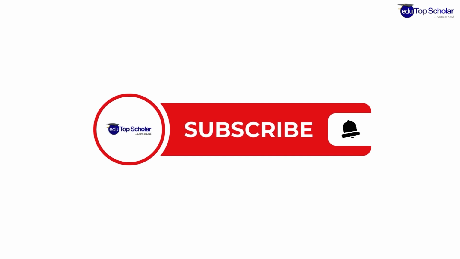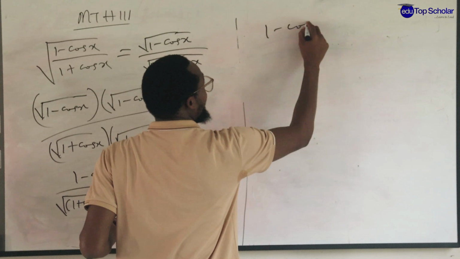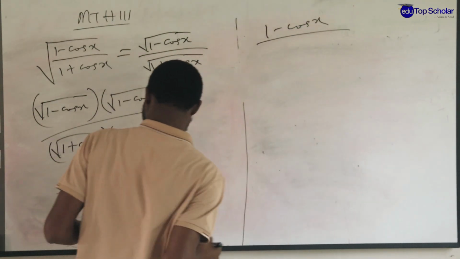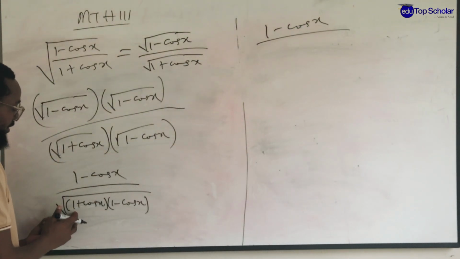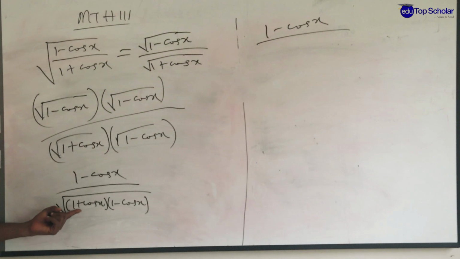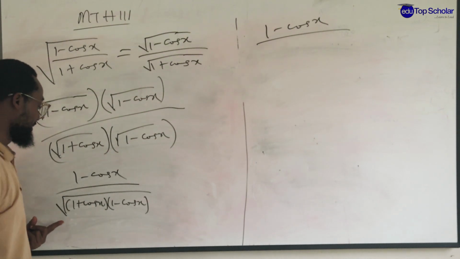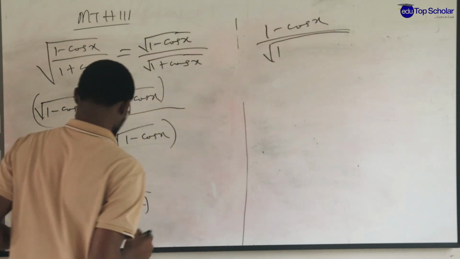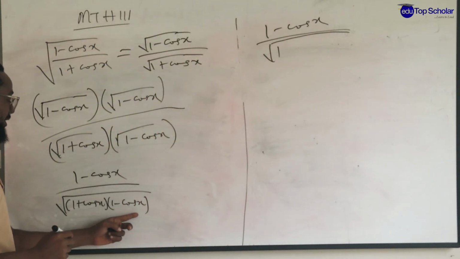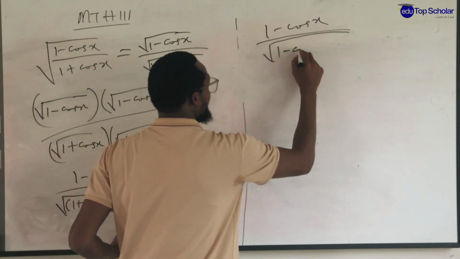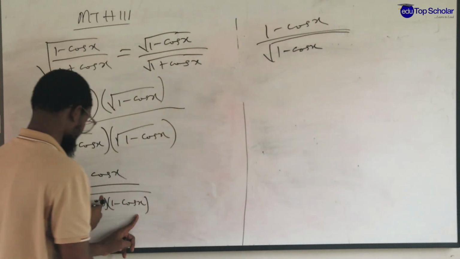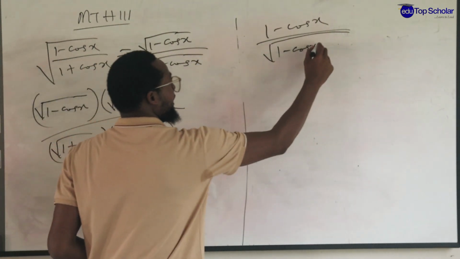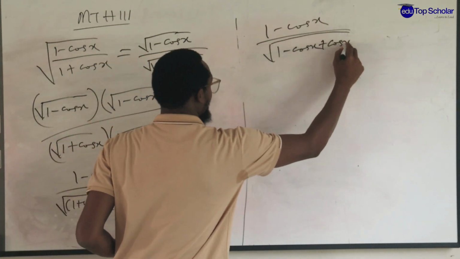From here now, we just need to expand this guy, and we have 1 minus cos x over, once you have a denominator, I don't know if I should jump or I should take it one by one. 1 multiplied by 1, we have 1. That would be root 1 by 1, 1. 1 by minus cos x, we have minus cos x. Cos x by 1, that will be plus cos x.